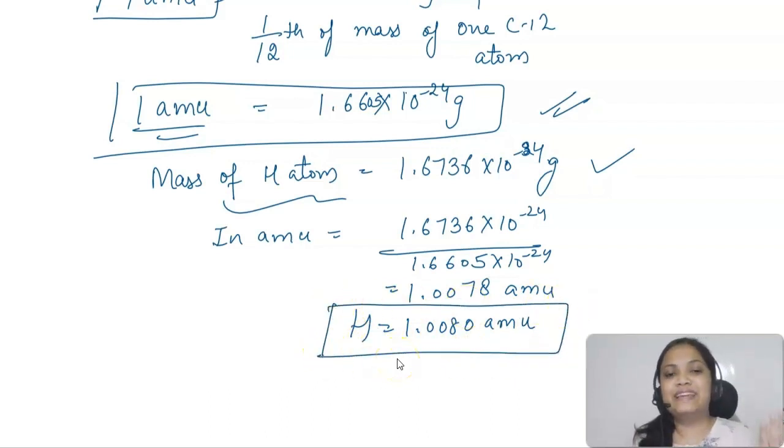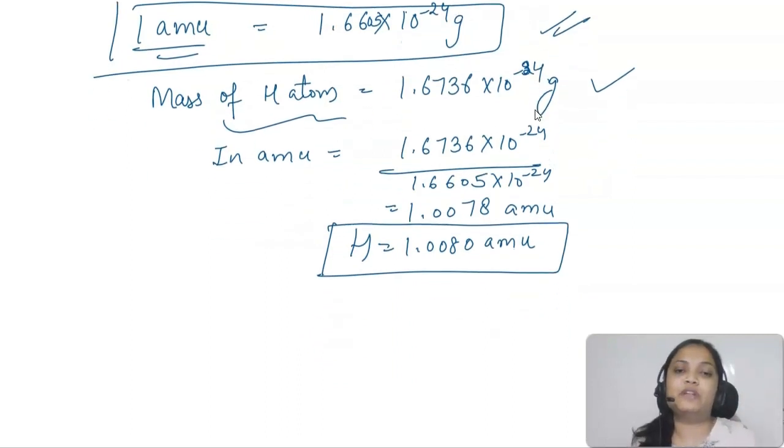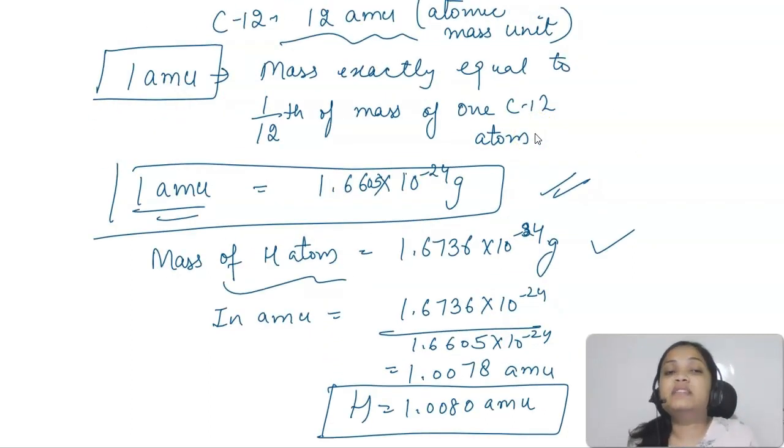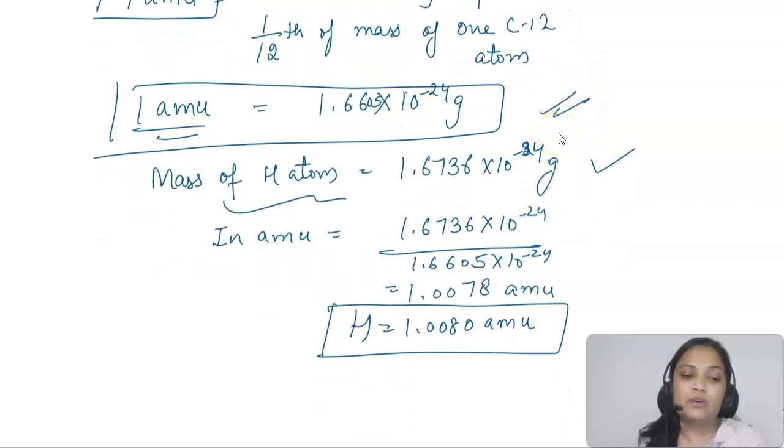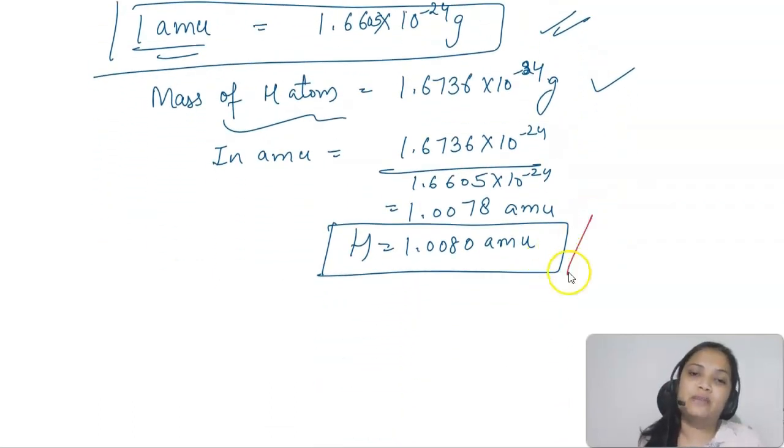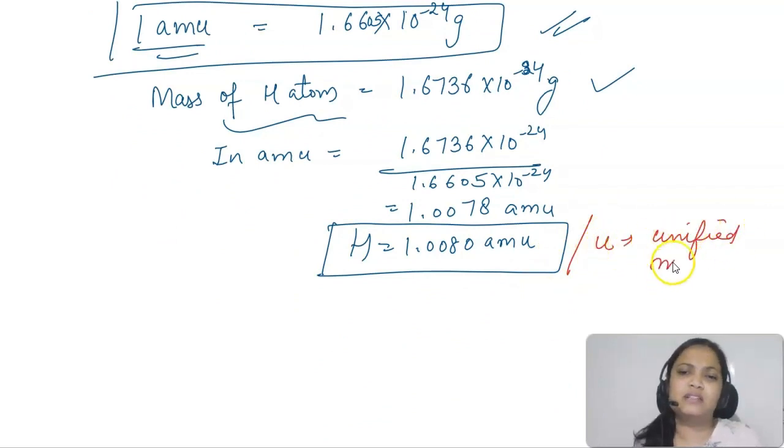Of course, we take it as 1 only, but to be accurate, it's 1.008 AMU. This is how atomic masses are calculated, by taking the carbon atom as the standard. Nowadays, instead of AMU, u is used, which is unified mass. The values are the same, nothing different.